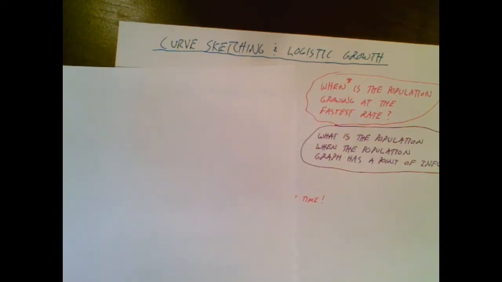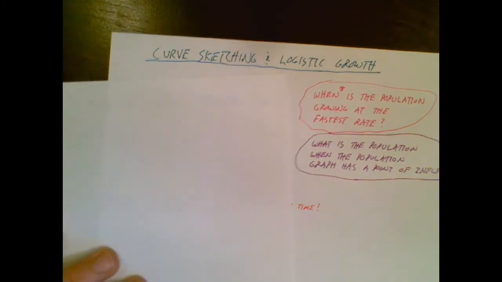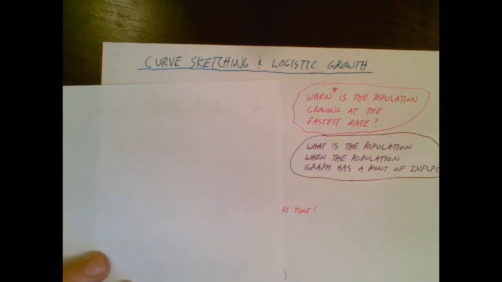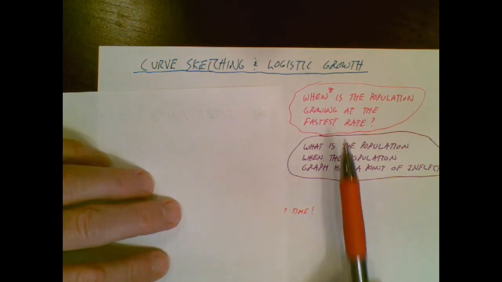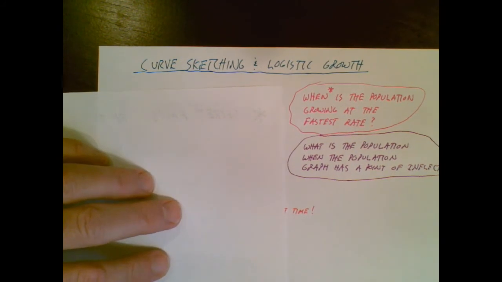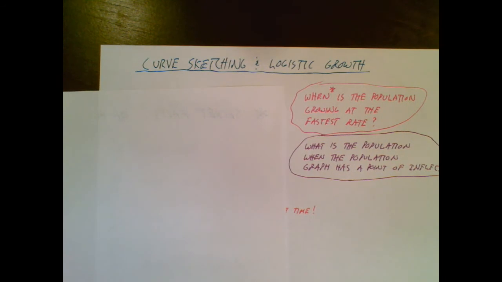So we're going to take a look at two common questions that could happen. And they're actually both the same question. The first question says, when is the population growing at the fastest rate? And the second question is, what is the population when the population graph has a point of inflection?